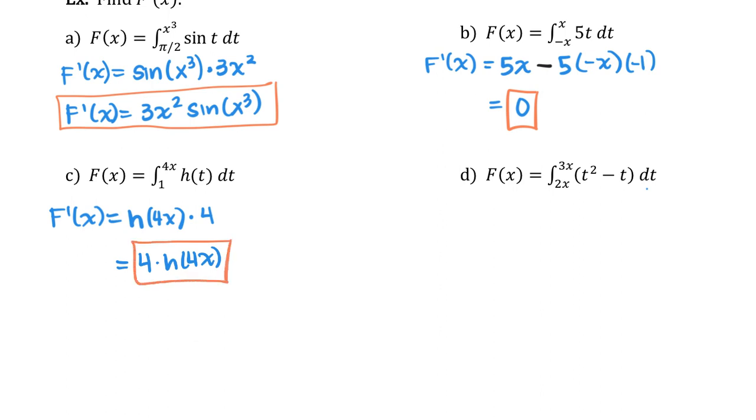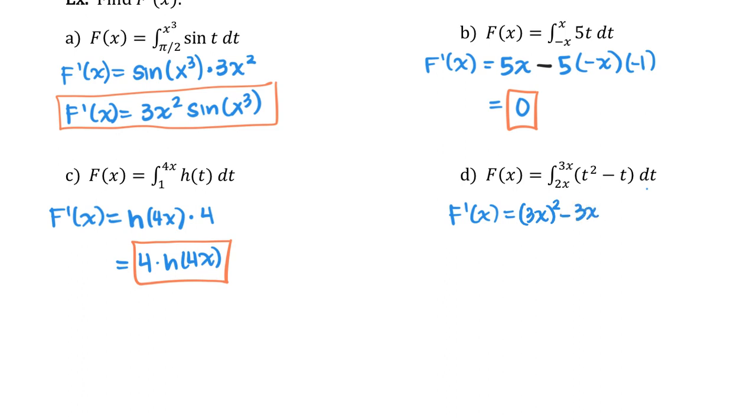Okay, one more. Derivative of capital F. This is capital F. Capital F is an integral. The derivative and the integral are inverse functions. They cancel each other out. So let me just plug in the upper limit. So that's going to be 3x squared minus 3x.